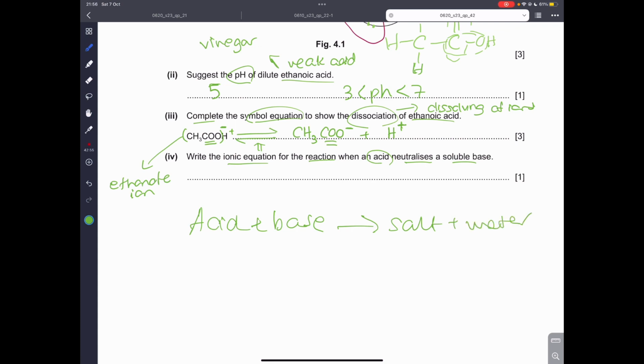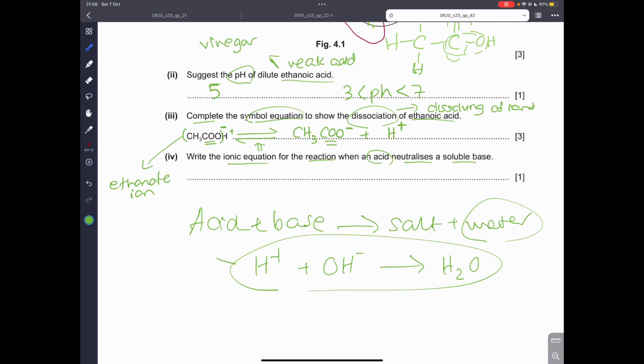Now, because water is always going to be formed, we can write the ionic equation as H plus plus OH minus. This is going to give us H2O. So that is what we write for the ionic equation.